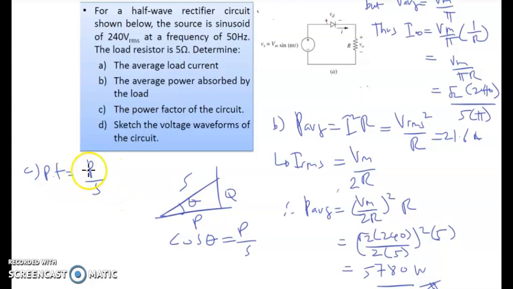So you have to find P. P already obtained here. Then you have to find S. S is the input power that comes from the source. So we have to find S equal to V in times the current that flows into the circuit. So we have the same current that flows from the source into the load.